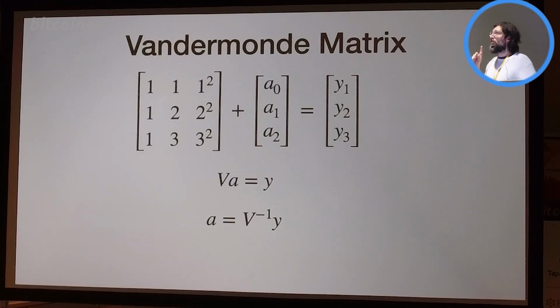So if we want to go from the share commitments back to the coefficient commitments, we want to isolate A, so all we have to do is divide Y by V. If we take the inverse Vandermonde matrix and multiply it by the share commitments, we'll get back our coefficient commitments.